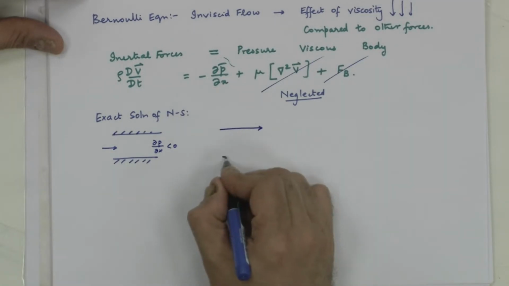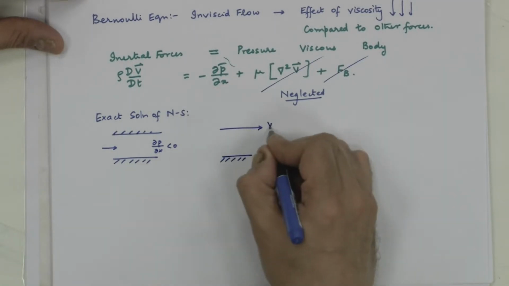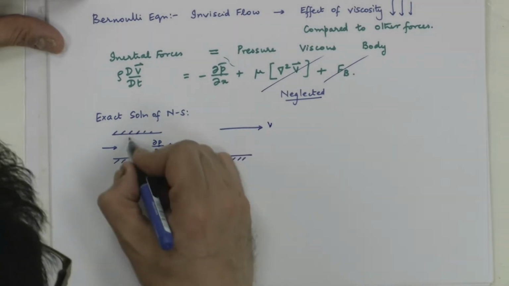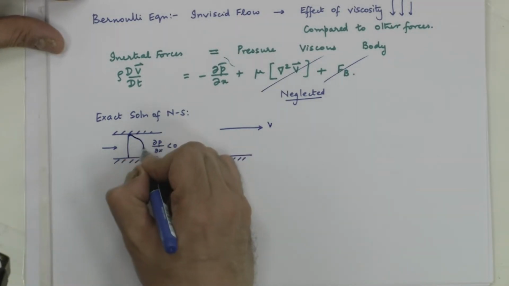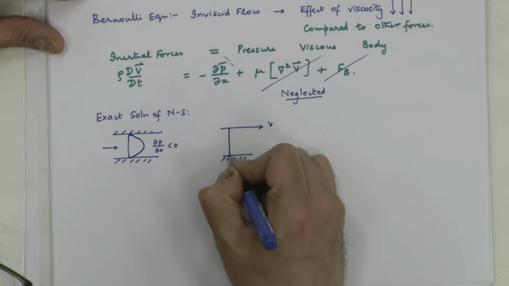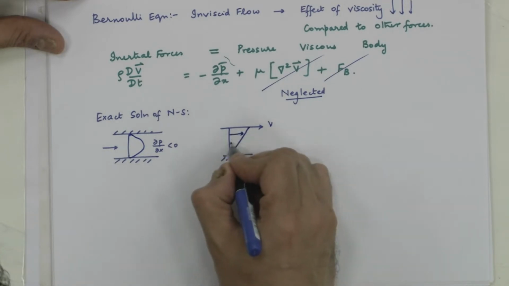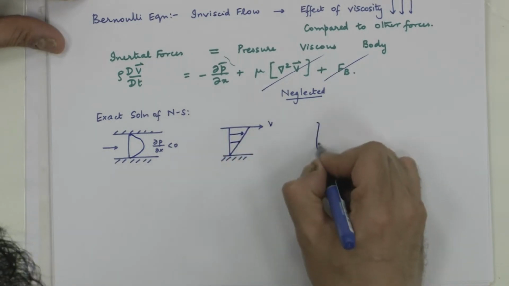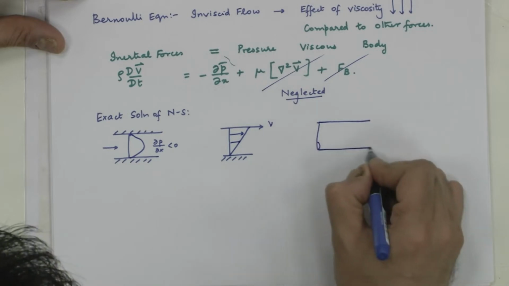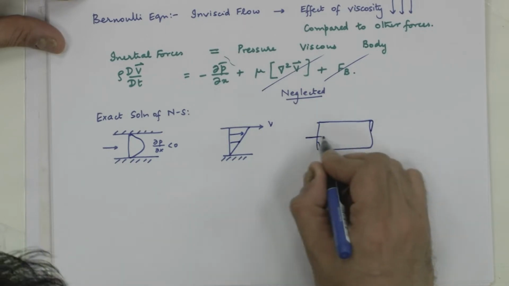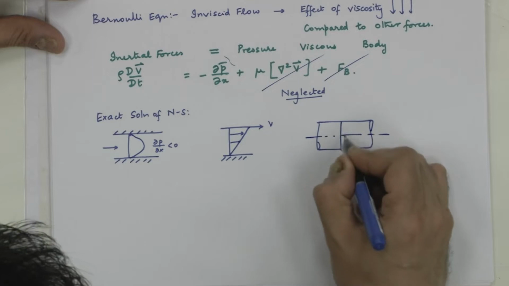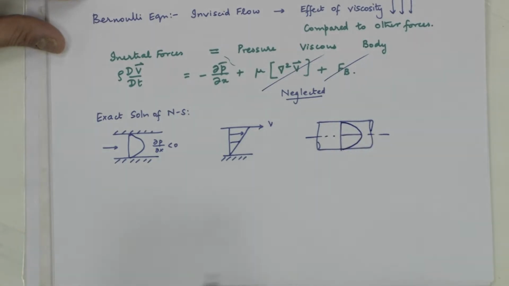Okay. This is another geometry. This gave you a velocity distribution like this, and then of course, we had for pipe flow, which also gave us a parabolic profile for laminar flow, right.